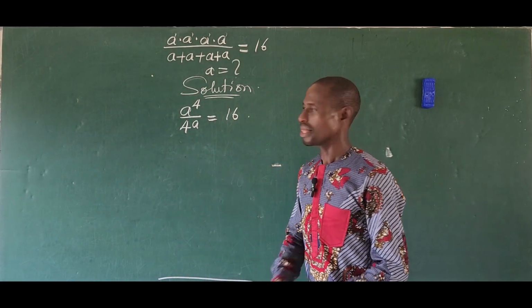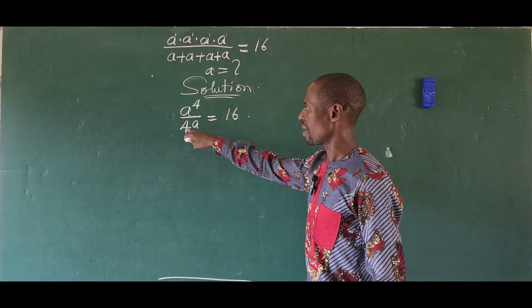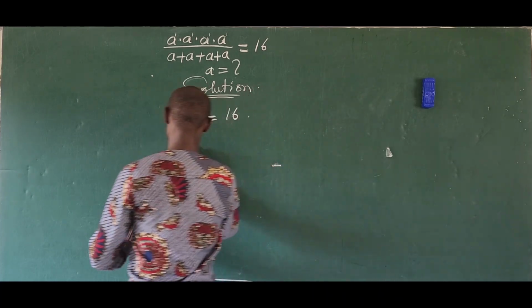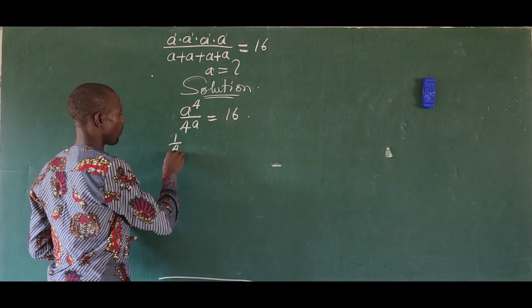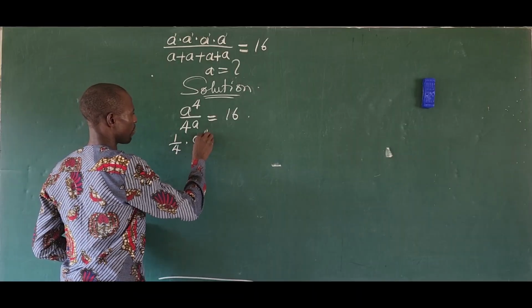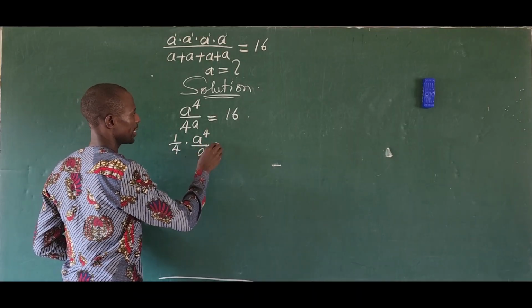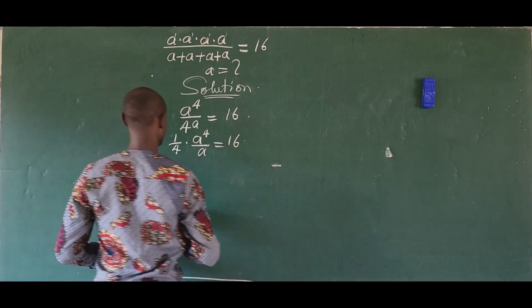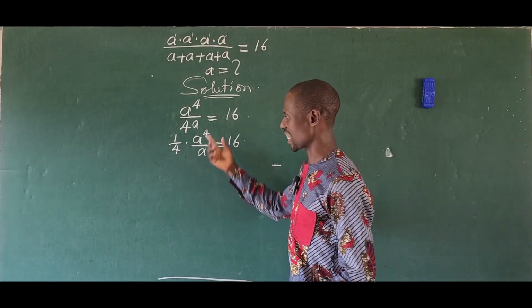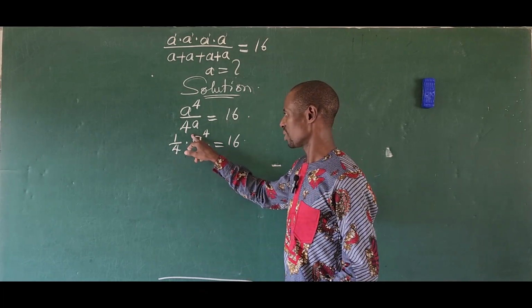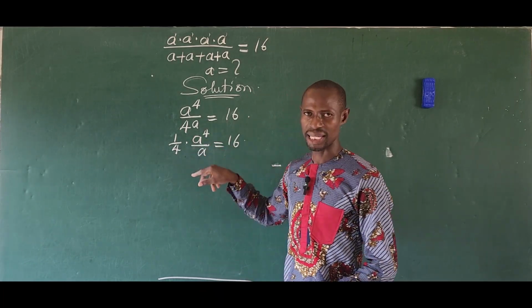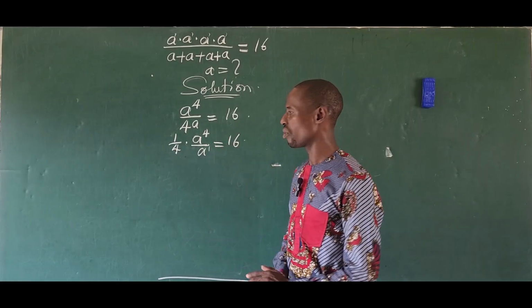Easy. Now we can rewrite this expression by separating this 4 out here. So this is going to give us 1 all over 4 times a to the power of 4 all over a, equal to 16. So we have a division sign here. The variables are the same, but the powers are different because here we have an invisible 1.